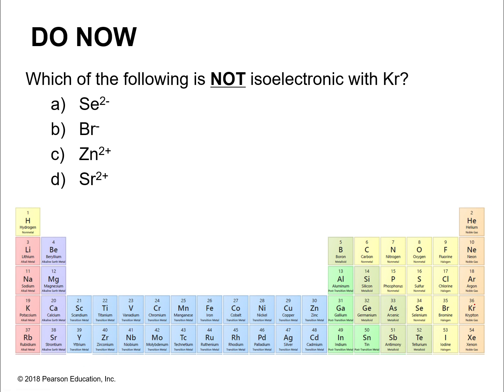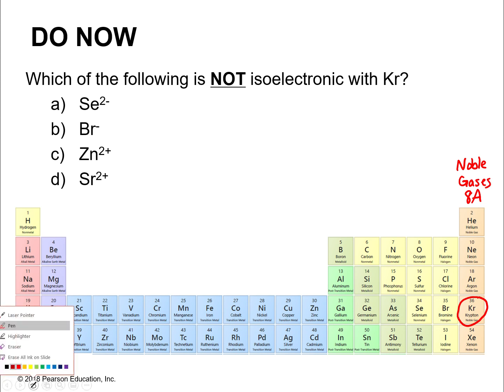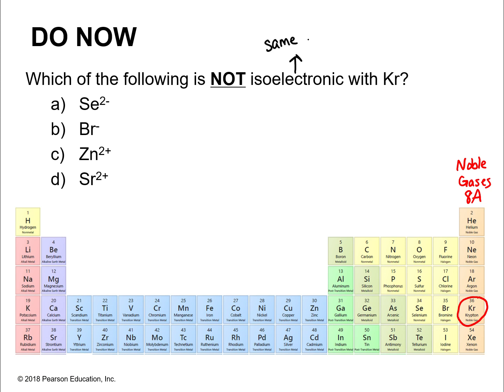Krypton is right here. This is group 8A, and it's part of the noble gases. Isoelectronic means that you've got the same electron configuration.